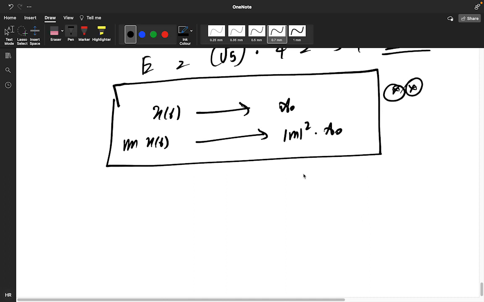So write the power signal. That was the concept of energy.